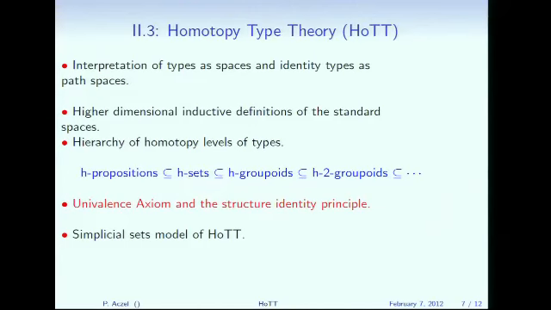There is a model of homotopy type theory using simplicial sets. So there's a model of type theory where the univalence axiom comes out correct, and almost my last slide will say something about that model construction.